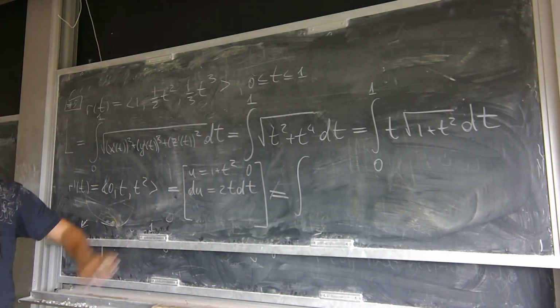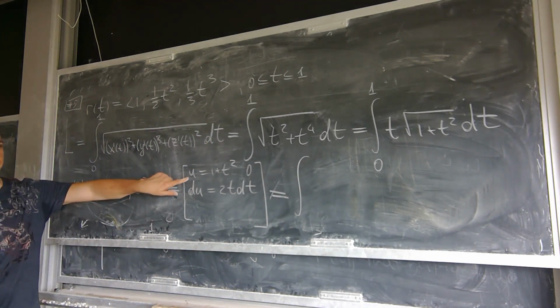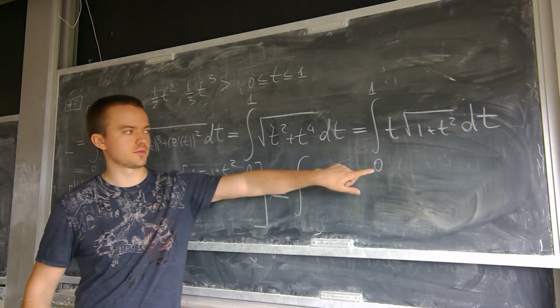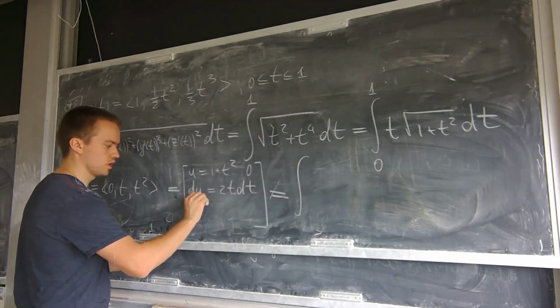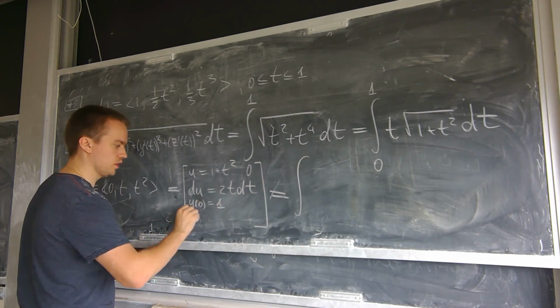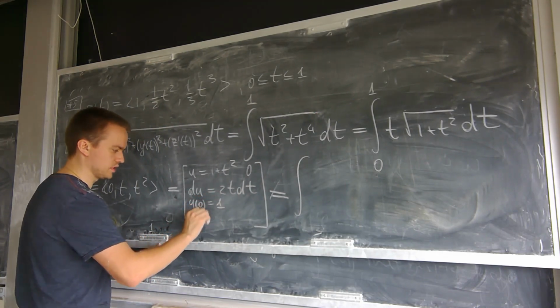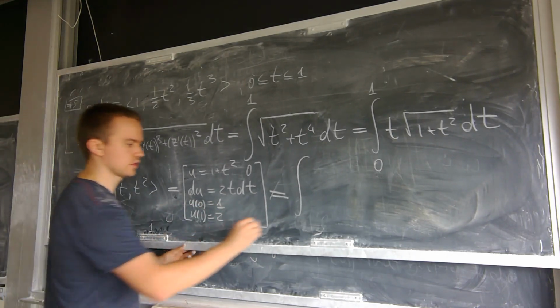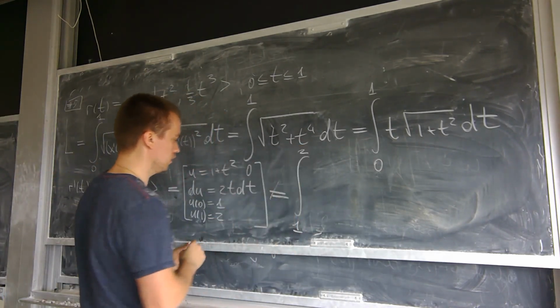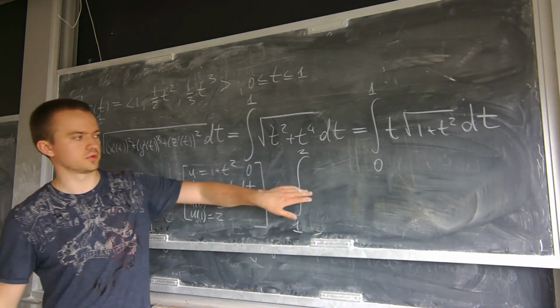First, yes, we need to check our bounds because we change our variable. Our bounds in terms of t are from 0 to 1, but in terms of u, when t equals 0, u equals 1. When t equals 1, u equals 2. So I have the integral from 1 to 2.